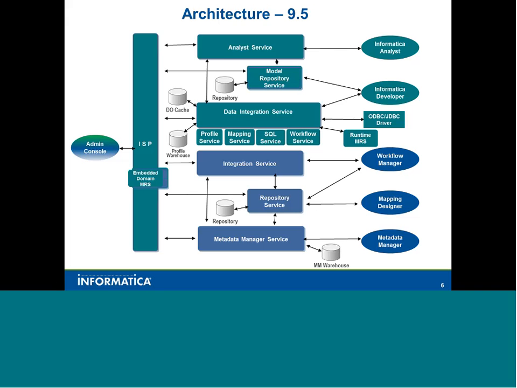So having said why, let's go to how we achieved this, and what was used underneath to achieve it, right? If you look at this, we used a completely new domain architecture to achieve this. Internally we call this ISP, the Informatica Services Platform.